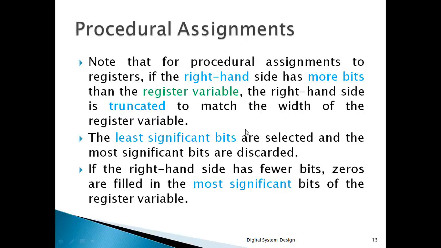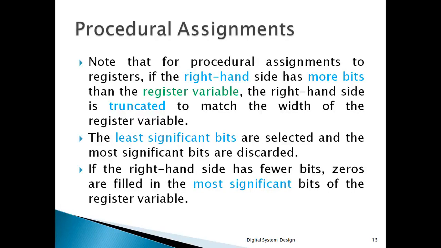Similarly, the least significant bits are selected and the most significant bits are discarded. If the right hand side has fewer bits, zeros are filled in the most significant bits of the register variable.